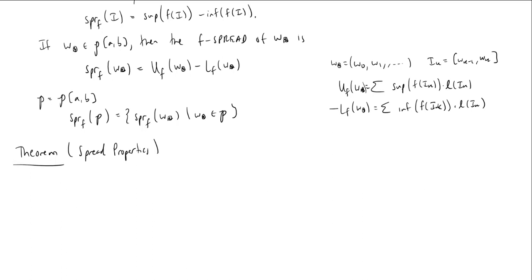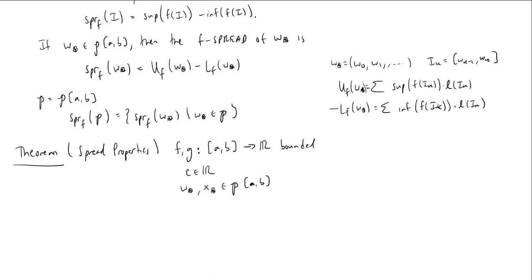As we've had in the past, I'll take two functions from [a, b] to R, and we'll assume both of them are bounded. We'll let C be some real number, and then take a couple of partitions of [a, b].